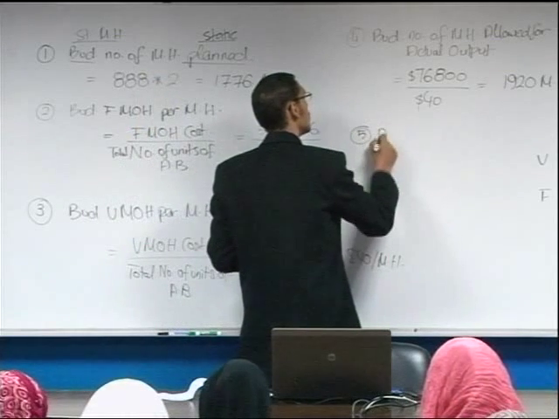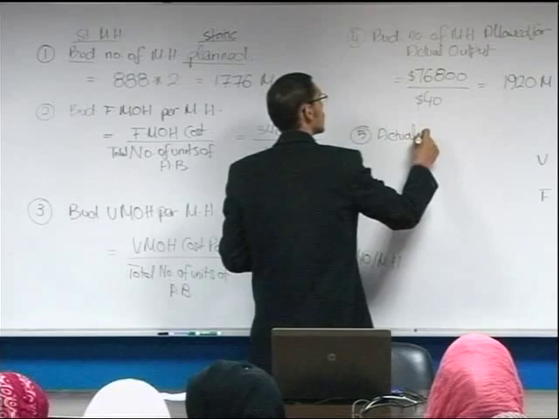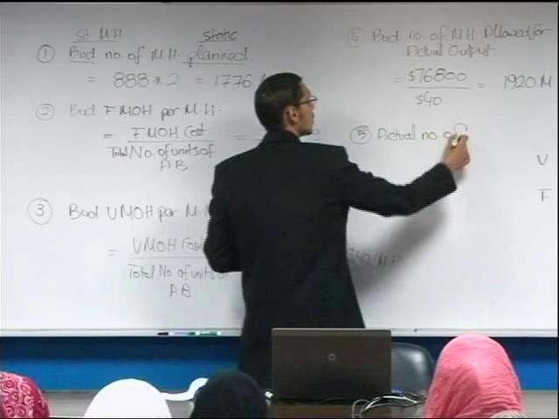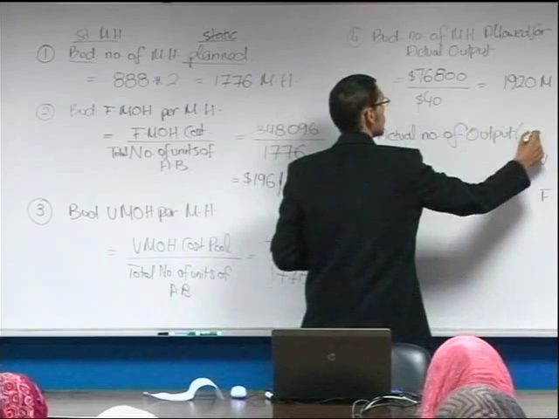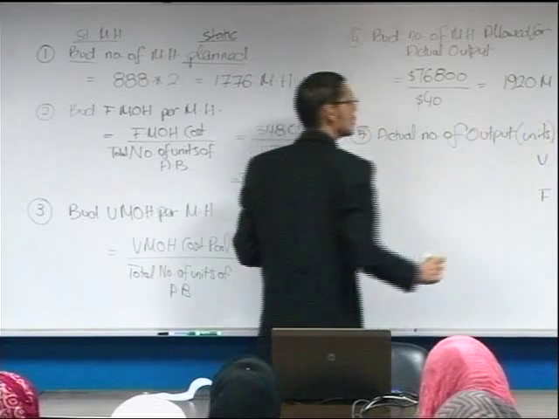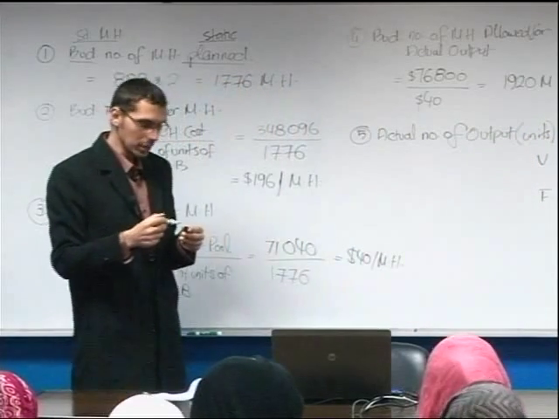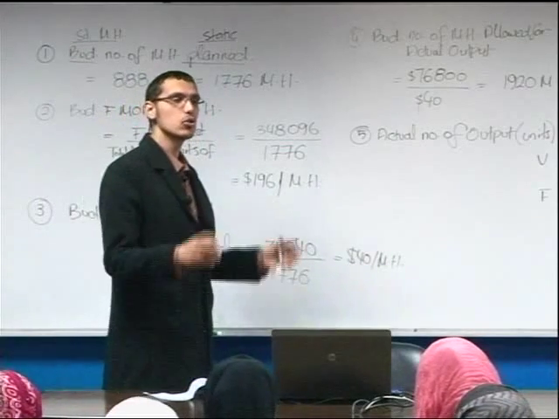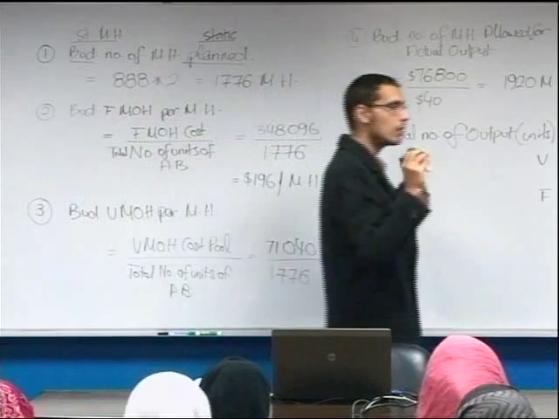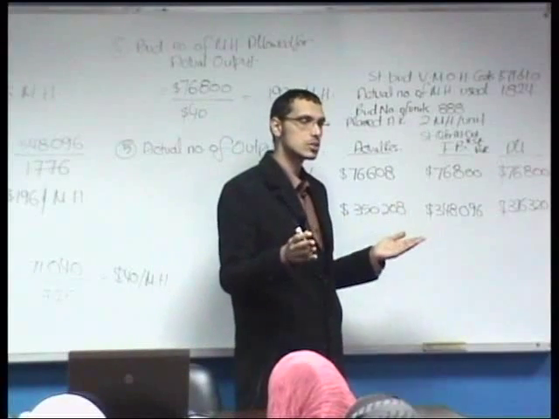Therefore, the actual number of output, of course in units. How do you think we can calculate the actual number of output? We need to calculate the actual number of units that were produced.